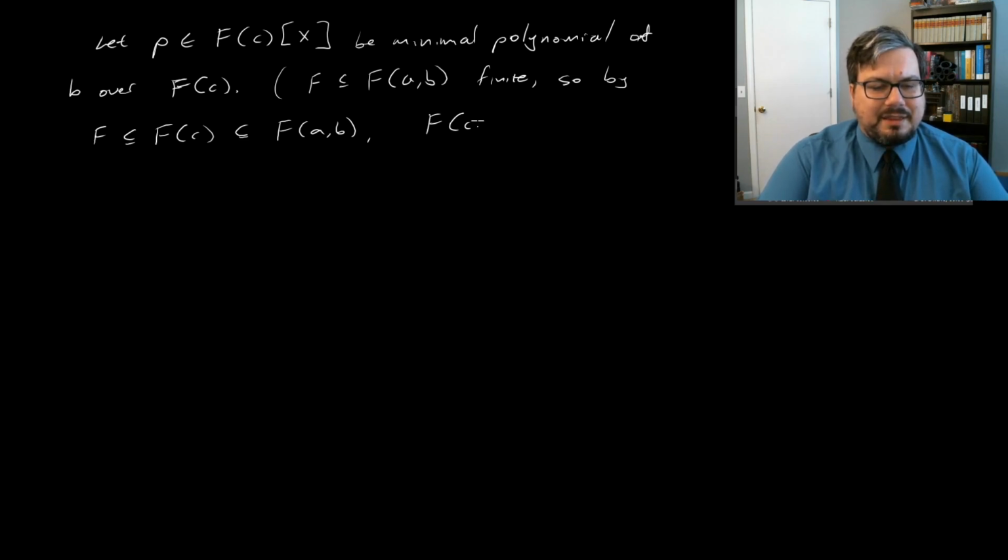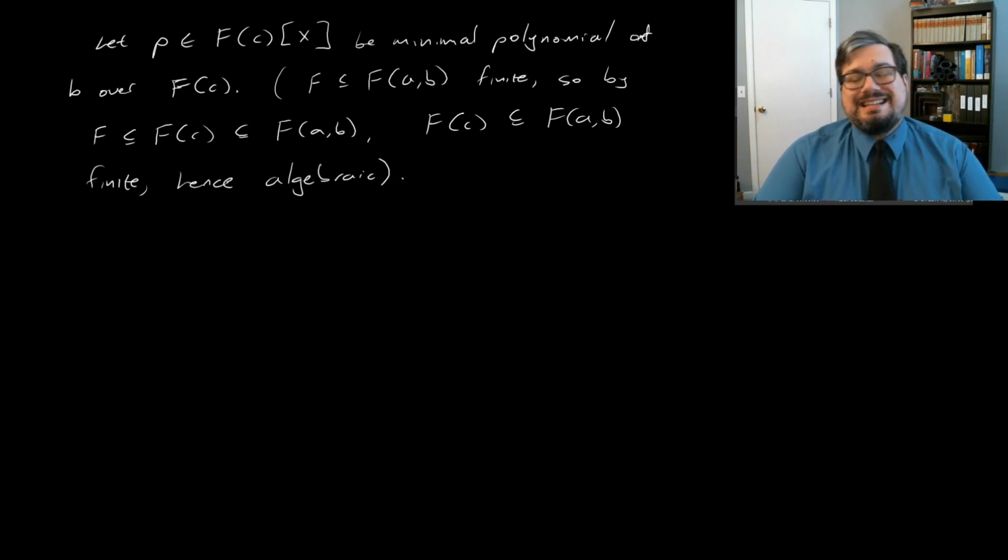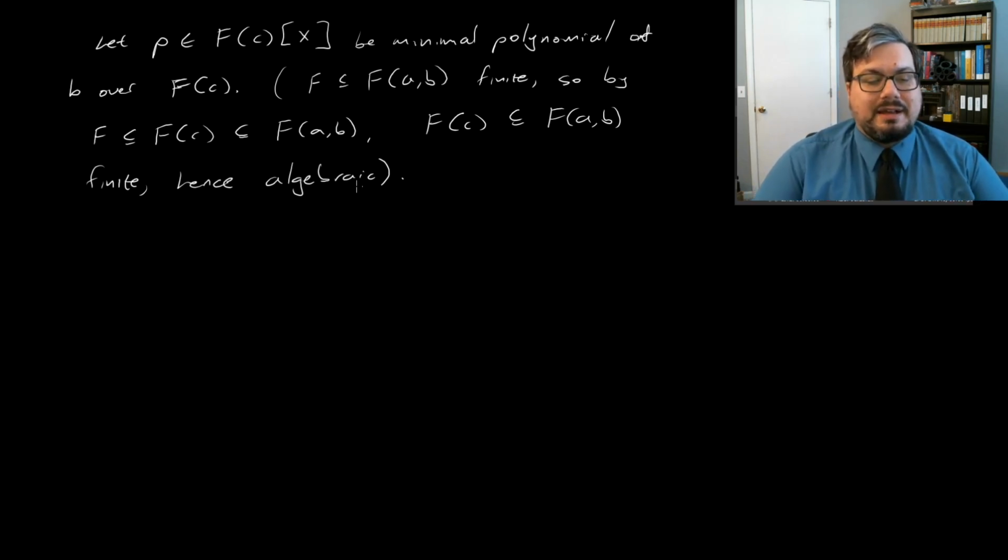We have that the extension f of c contained in f of ab is finite, hence algebraic. So that means that b is algebraic over the field f of c, and therefore it has a minimal polynomial.